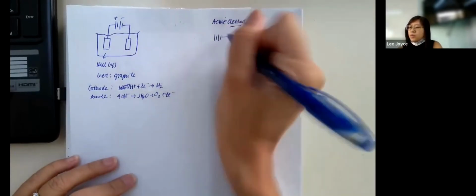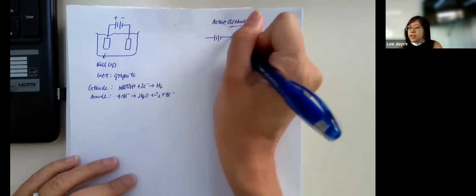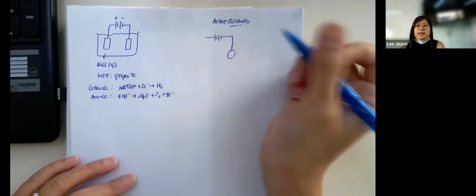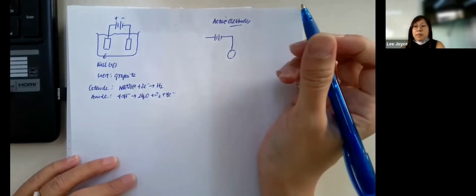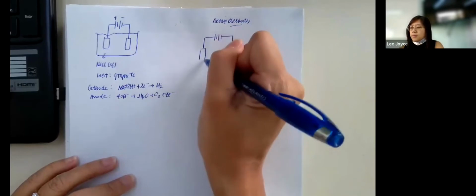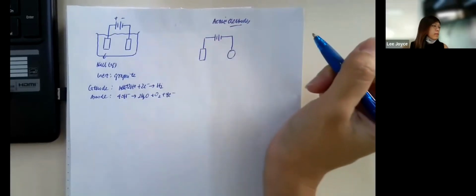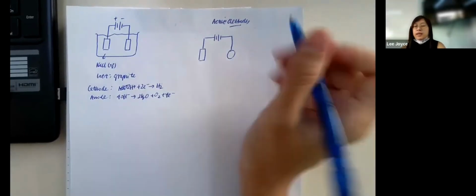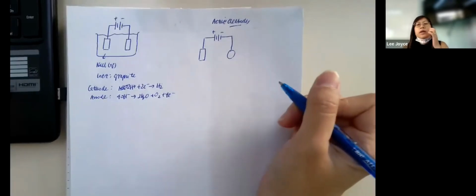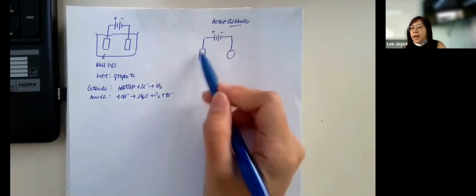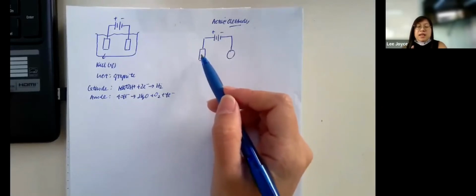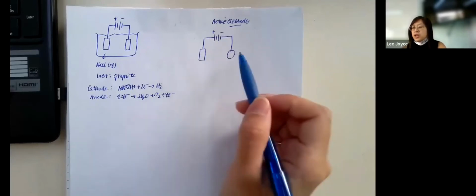When we want to electroplate an object, always remember to put the object at the negative terminal of the battery, making the object the cathode. The anode must be the metal that you want to plate on the object.